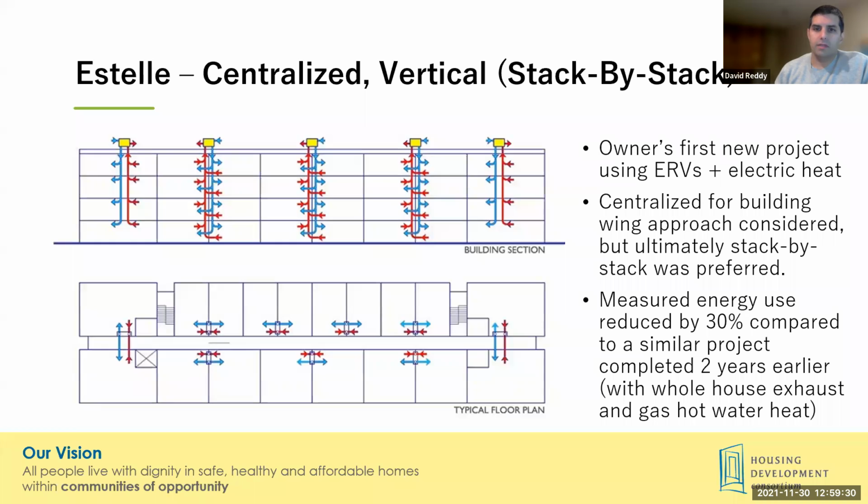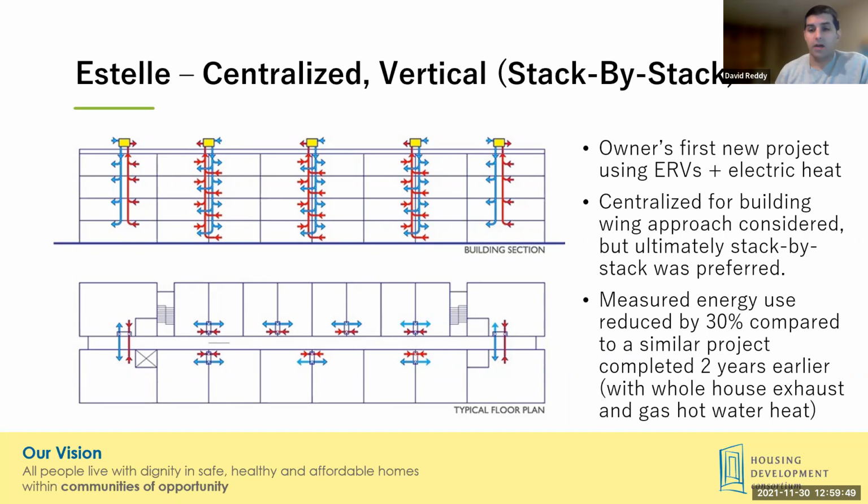And this was seen as a way to save energy, which both measured and modeled, it was going to save a lot of site energy. And it did. It's about 30% less energy than their previous project built 2 years earlier.